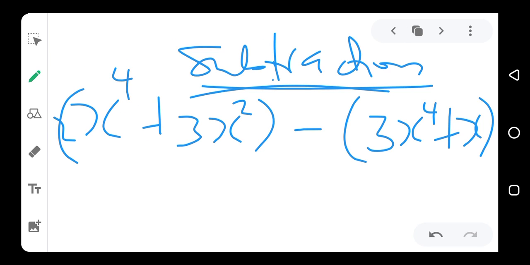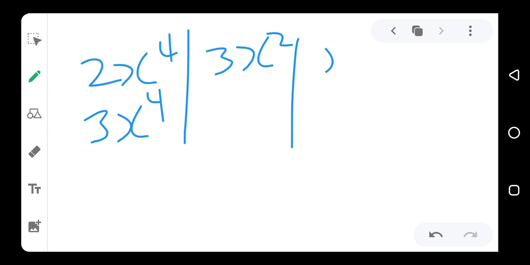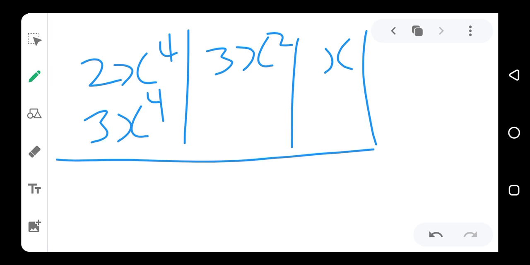The third one is x. So we have x in the third column. And now we add this plus this is 5x raised to power 4.